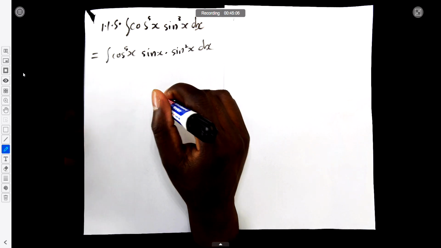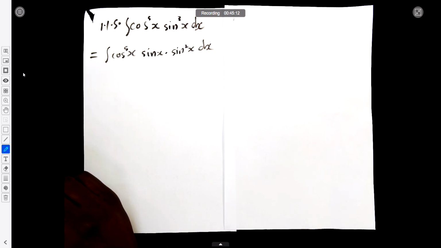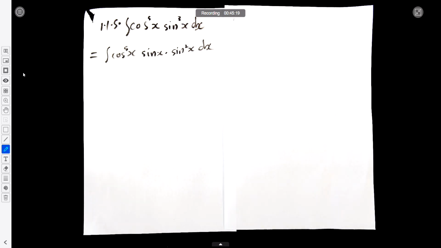The second step after utilizing exponential laws, or splitting the same bases with different powers: now we are going to utilize the trigonometric identities. Because at least we're trying to have a derivative and a function.